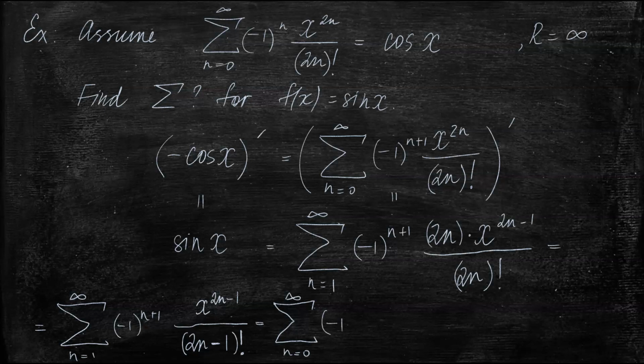So here we're going to have negative 1 to the n plus 2, but it's exactly the same as negative 1 to the power n, so I'll just remove the plus 2. Here we're going to have x to the power 2n plus 1 minus 1, but after simplifying it, that will just become 2n plus 1. And here in the denominator, we're also going to do the same thing. We're going to have 2n plus 1 minus 1, but simplifying it will just give us 2n plus 1, and we still have factorial.